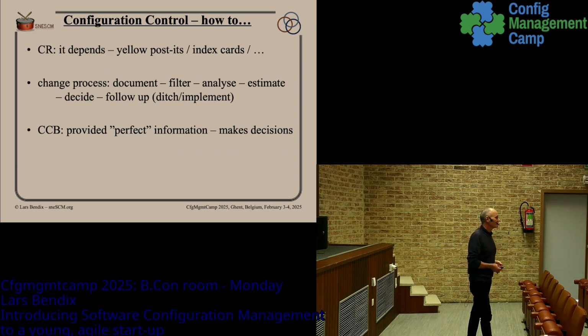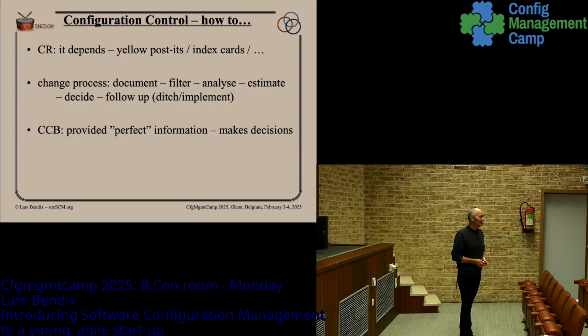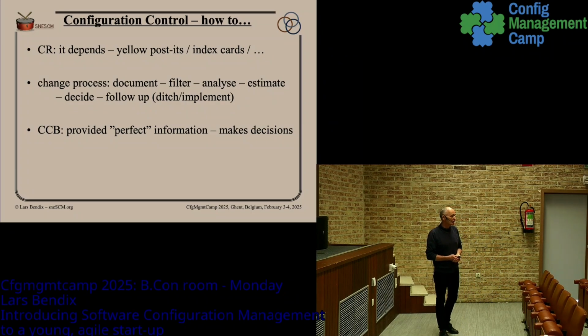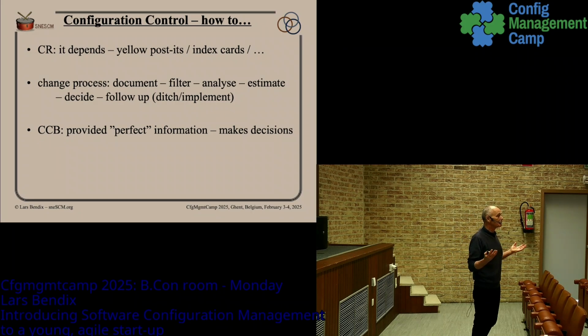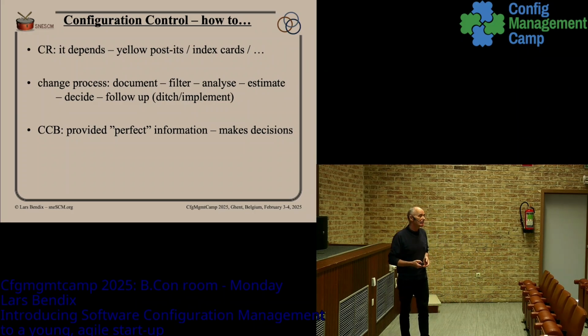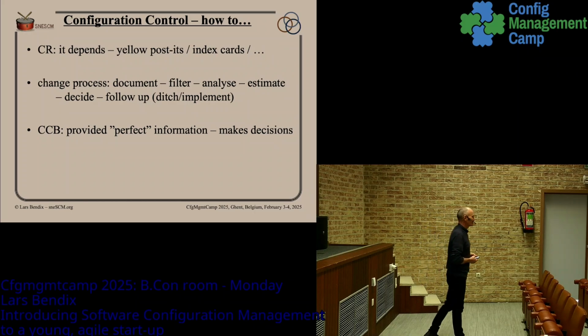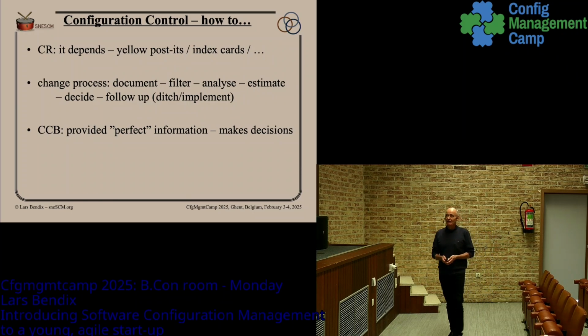The CCB, the Change Control Board, for my students, it seems quite formal, but the purpose of a Change Control Board is that when it is provided with perfect information, then it makes perfect decisions of what it is that we should do and should not do. So basically, a CCB is a decision machine. If we put garbage in, we'll also get garbage out.